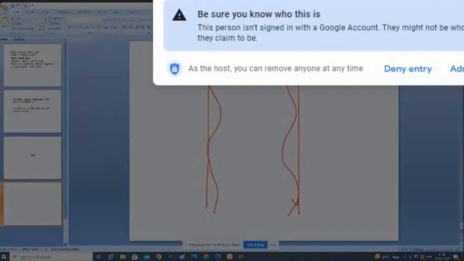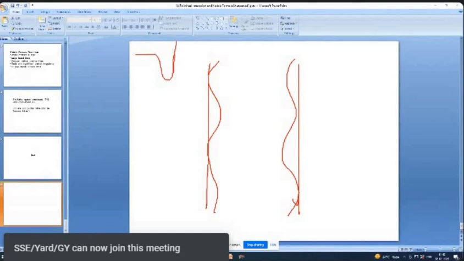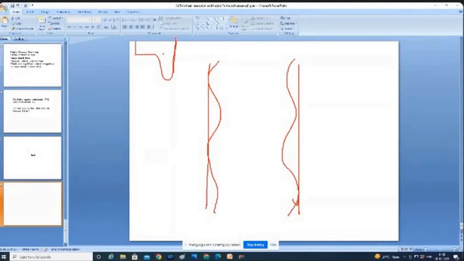Please see here. What is this line I have drawn? This is a wheel profile.